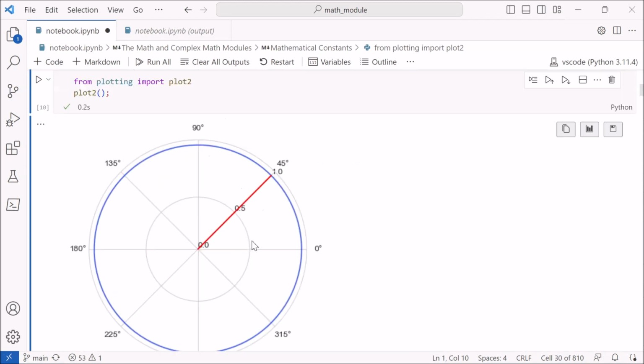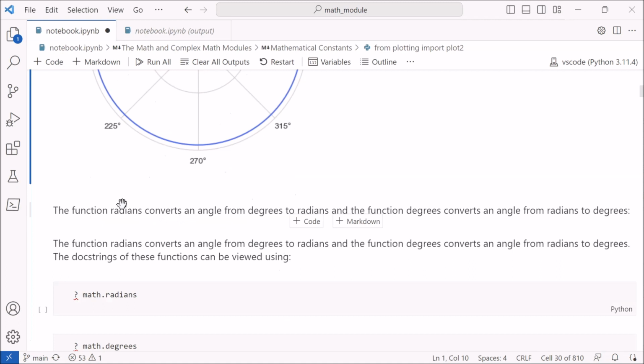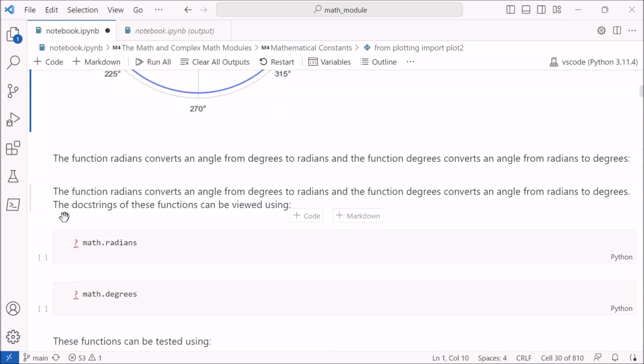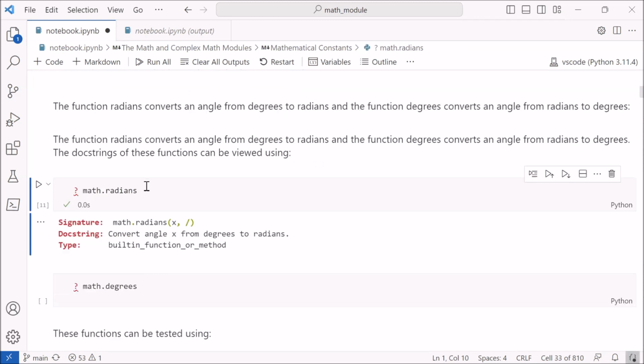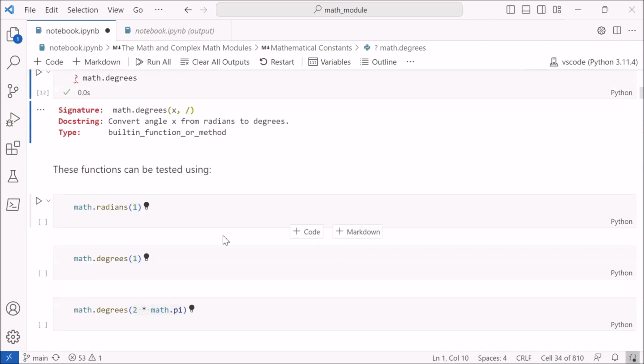Because we've got these two measurement units, we need some conversion between them. There are the conversion functions math.radians and math.degrees. This gives the radians from a degree and the degrees from a radian.